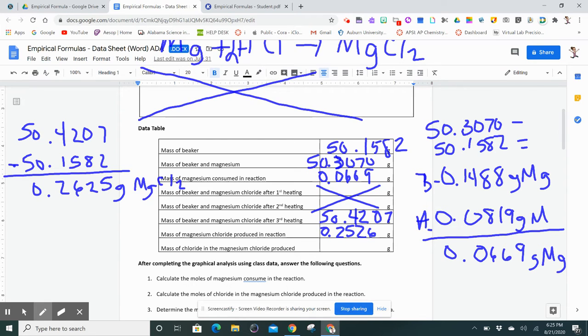So now to find the amount of chloride ion in our magnesium chloride, we're going to subtract the 0.2526, which is the magnesium chloride, from the mass of the magnesium that was consumed, 0.0669. Oops, that's magnesium. And that will give us the amount of chloride.